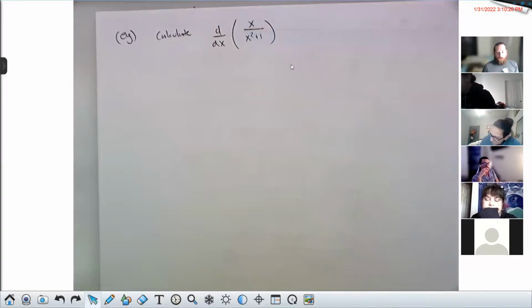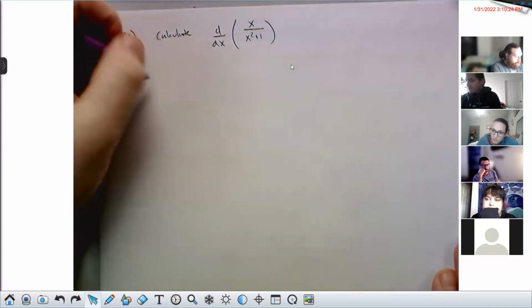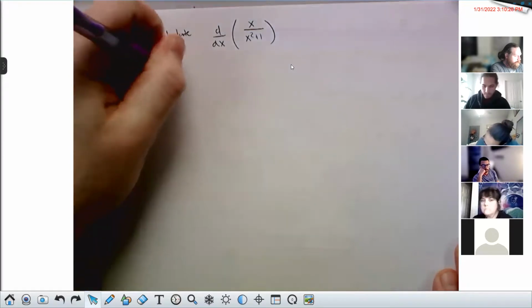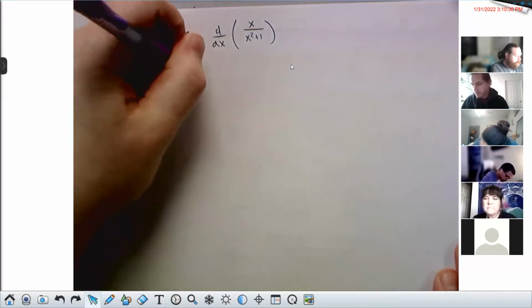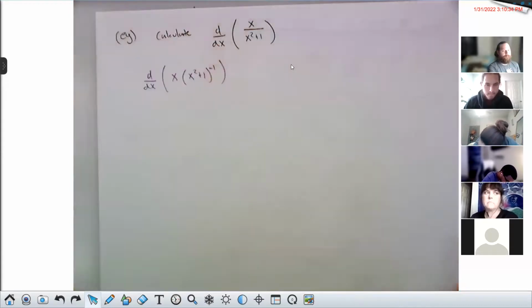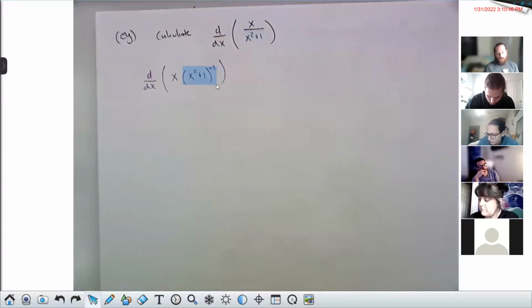But if, like me, you have an allergy to the quotient rule, it just makes you a little sniffly and unhappy, then you could say this is x times x squared plus 1 to the negative first power. Same thing, right? Having this factor x squared plus 1 downstairs is the same as having this factor x squared plus 1 to the negative first upstairs.